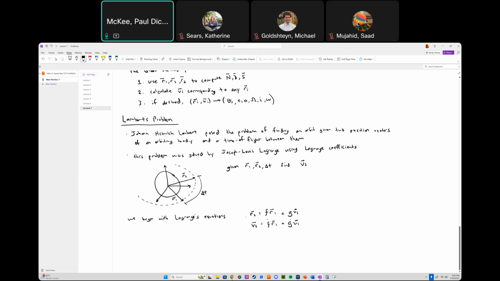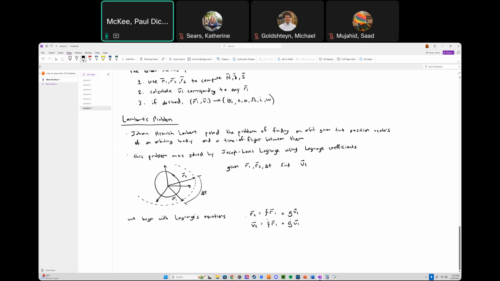So the idea here is we're kind of going back to that discussion from earlier. If you've got a linear combination of the first position and the third position gives you the second position, that's kind of the idea.